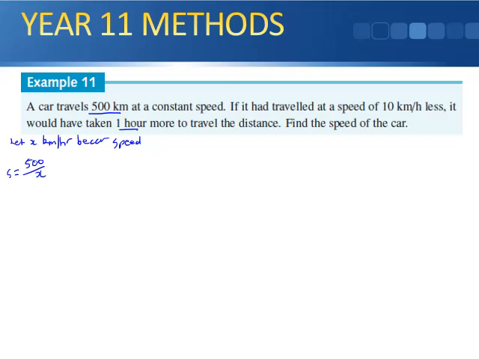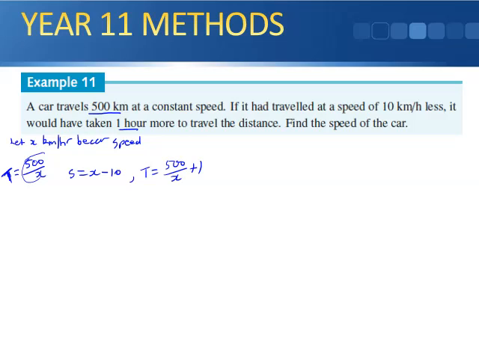Now it said if it had travelled at a speed of 10 kilometers less, then the new speed is x minus 10, isn't it? Then it says it would take them 1 hour more. Now that's the time. So the time would be 500 divided by x plus 1.